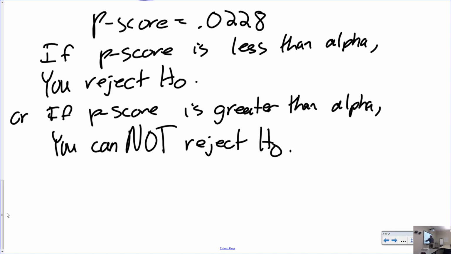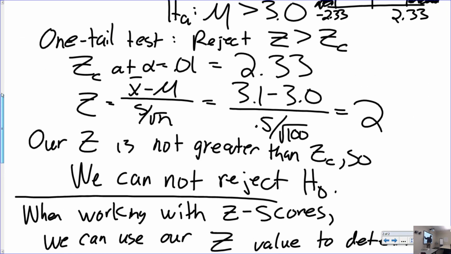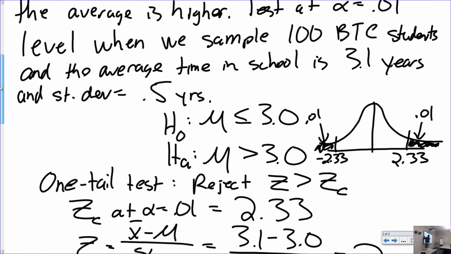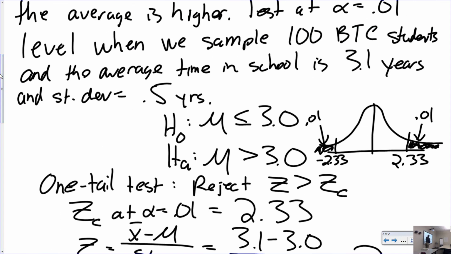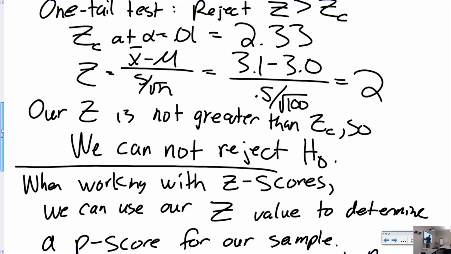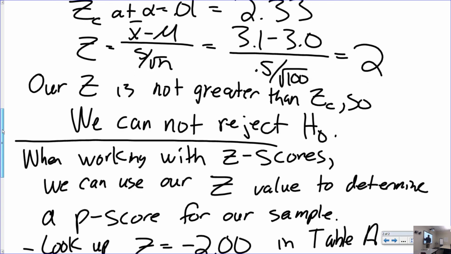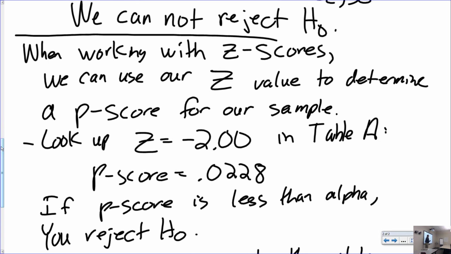They're basically doing this. Imagine you went into the software and entered the 100 scores. And it would tell you, by the way, your p-score is 0.0228.